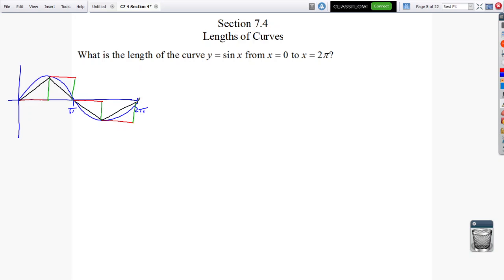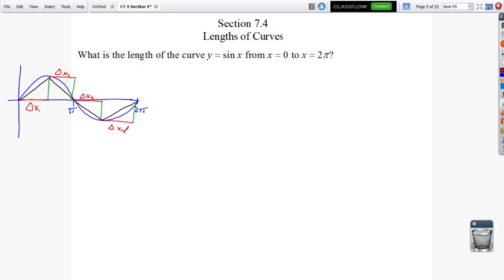Now we can see that all of those segments produce right triangles. This distance right here is delta x1, delta x2, delta x3, and delta x4.